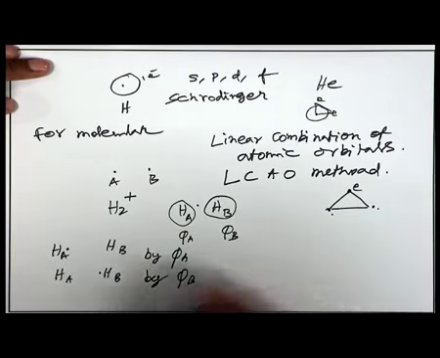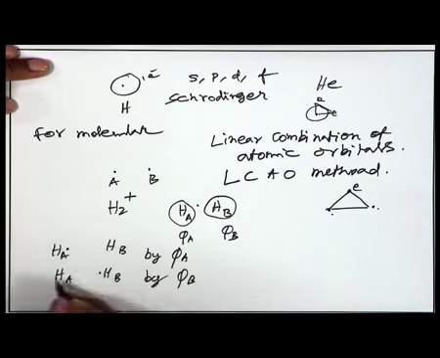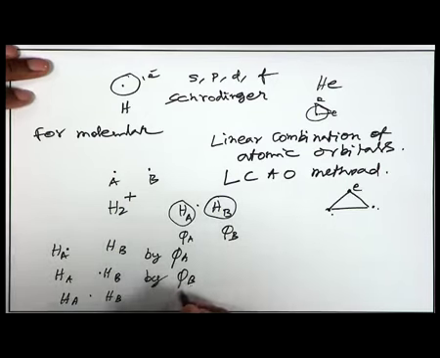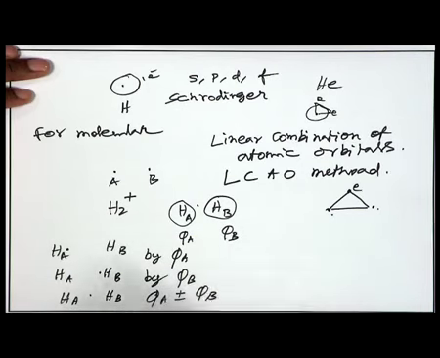Now, if the electron is somewhere in between these 2 hydrogen atoms, Ha and Hb, then this situation can be described by combining both orbitals, that is phi A and phi B: psi equals phi A plus or minus phi B. By combining the atomic orbital of hydrogen atom A and the atomic orbital of hydrogen atom B, you can describe the situation where the electron is residing somewhere between these 2 atoms.